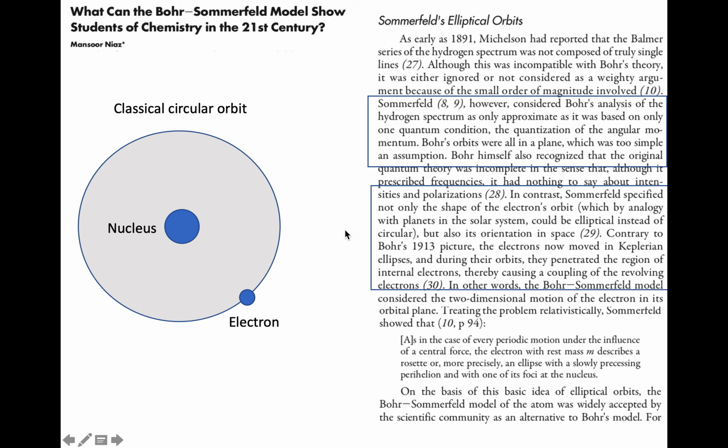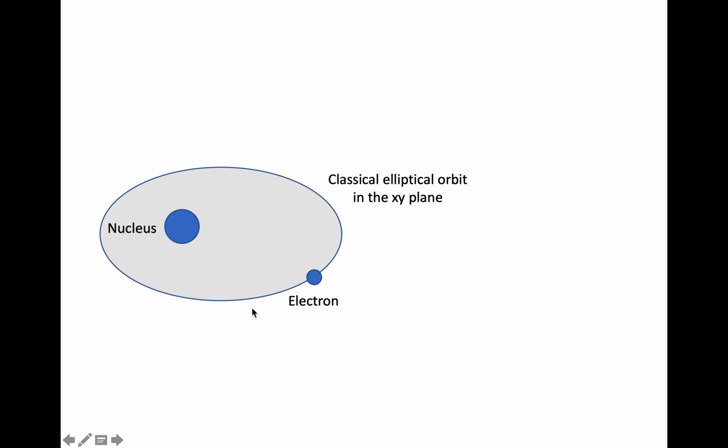If we want to begin to expand our model a little bit and perhaps increase its explanatory power, we're not necessarily restricted to simply circular orbits. What if we now begin to consider elliptical orbits? So instead of simply being in the xy plane in a circle, let's make it an ellipse.